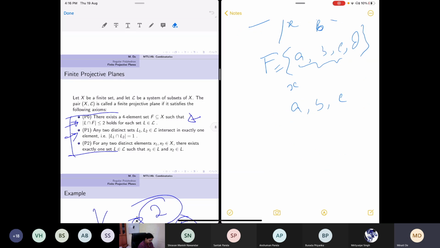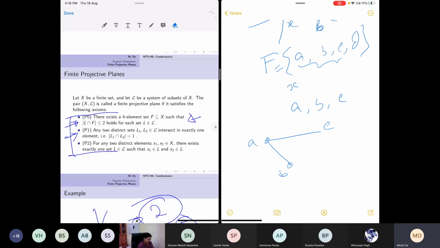Okay. If that is the case, then what can you say? Can you construct one line which does not pass through X? Take the line through A and B. So I have a line like AB, and a line like AC. Now what can you say?